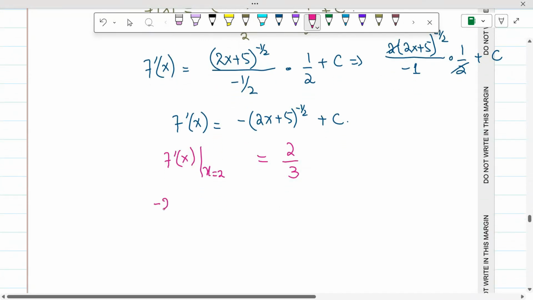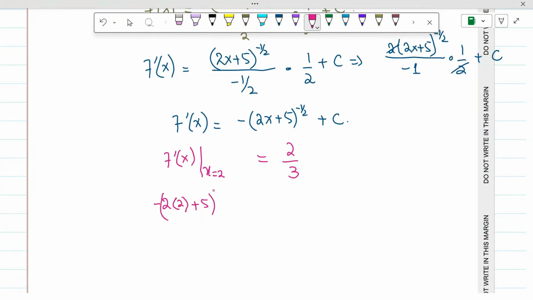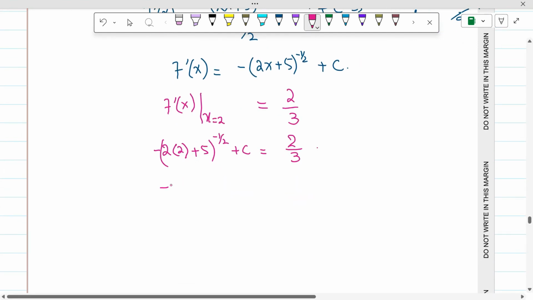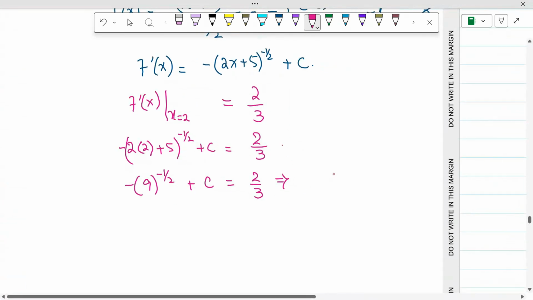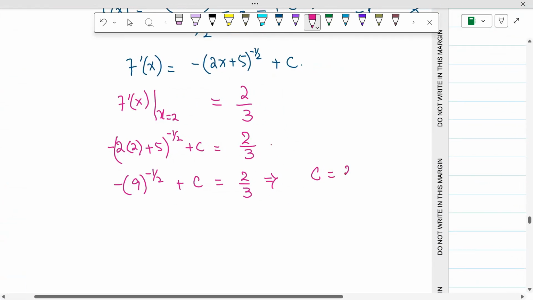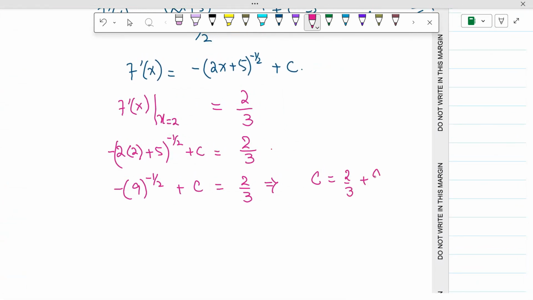So negative (4 plus 5), which is 9 to the power of negative half, plus c equals 2 over 3. Further solving, c equals 2 over 3 plus 9 to the power of negative half.